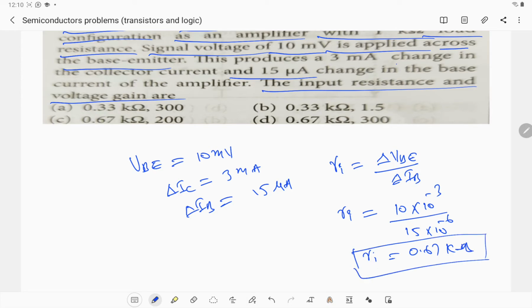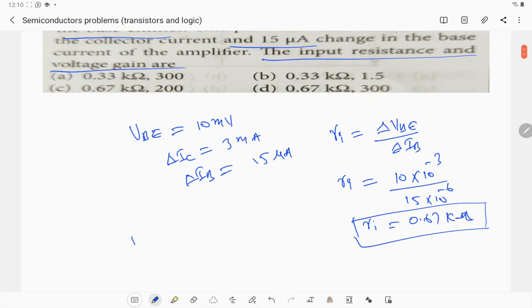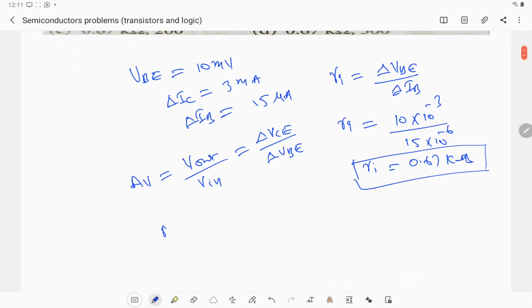Next one, voltage gain. Voltage gain AV is equal to output potential by input potential. Here output potential is delta VCE by input potential delta VBE. But here VCE is not given. Therefore, AV is equal to output current into output resistance, load resistance RL, by delta VBE.